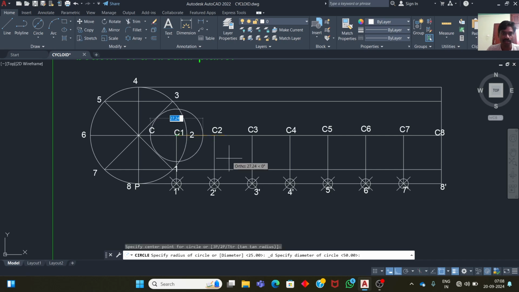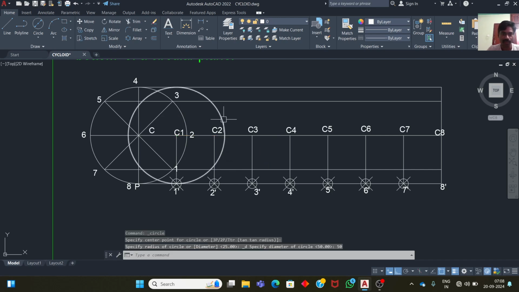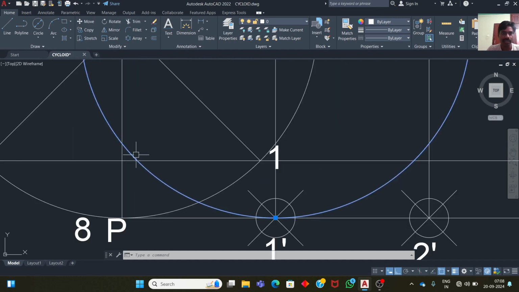We need to draw a circle of the same diameter, that is 50 mm radius 25. This circle and the first line, line 1 dash, will meet here. This is the point P1, the first point here.